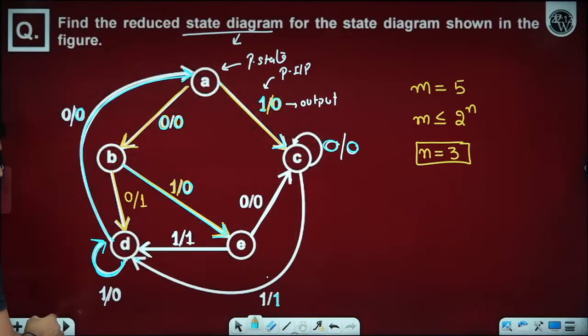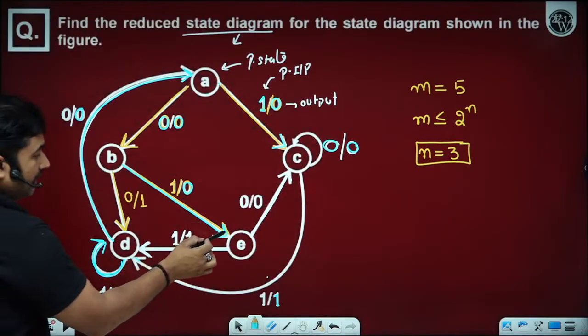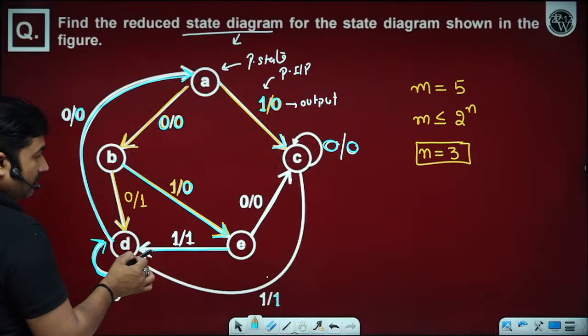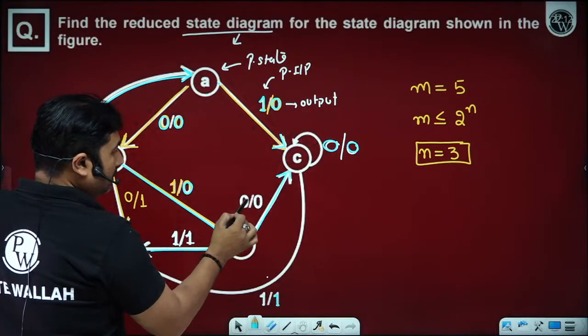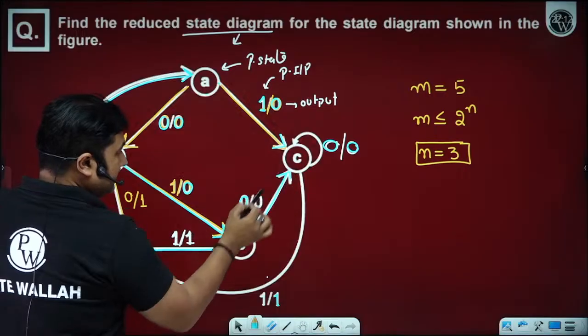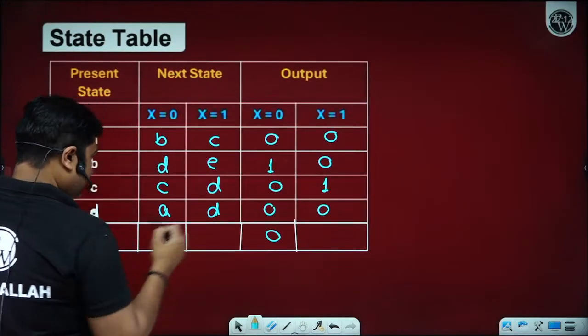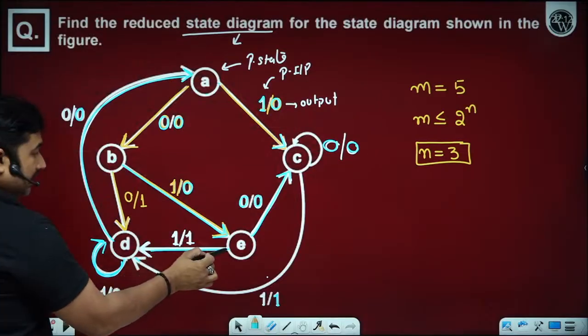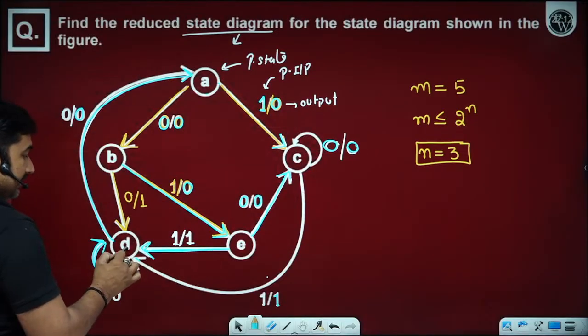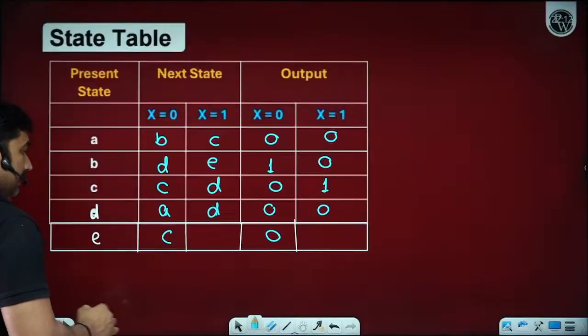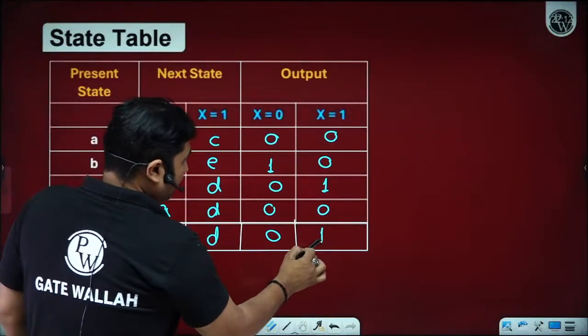Present state E, x is equal to 0, next state C, output 0. Present state E, x is equal to 1, next state D, output 1.